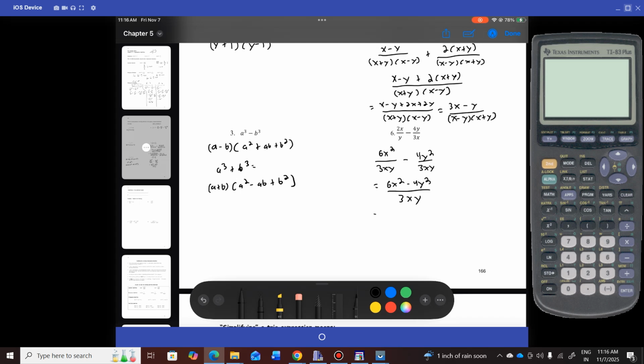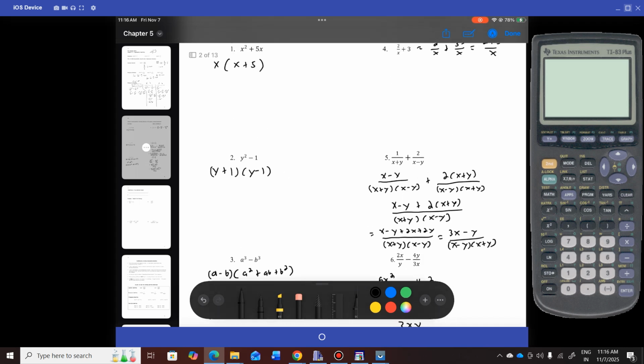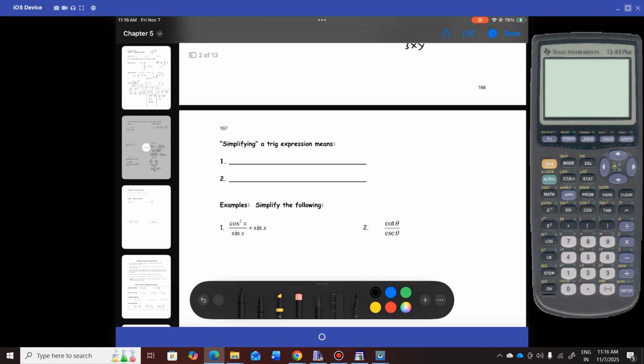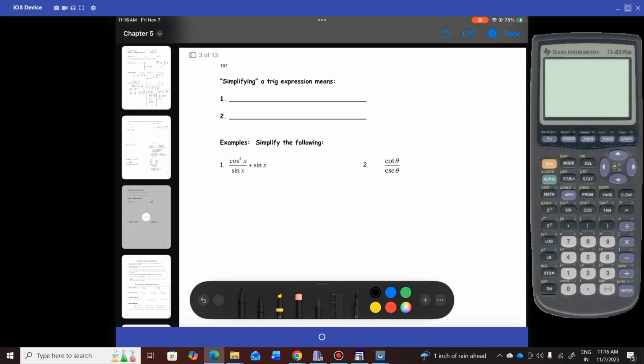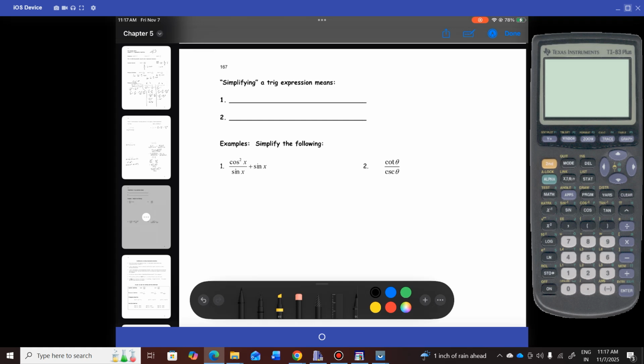And we can factor out a 2. So 3x squared minus 2y squared all over 3xy. Just some common algebra math things that will come in as we go through these examples.